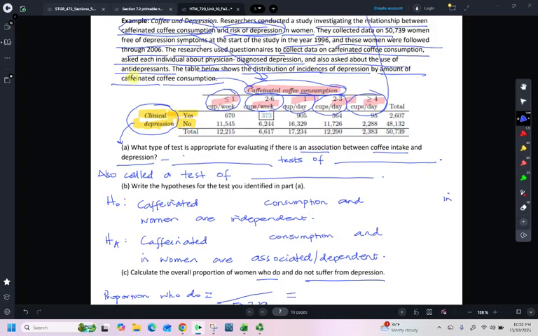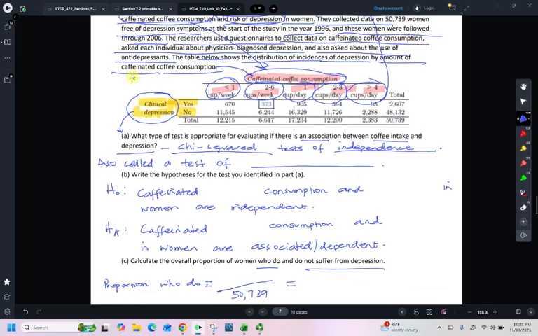That will be the chi-squared test of independence, not the goodness of fit this time, but the test of independence. This test is also called a test of association between two categorical variables.